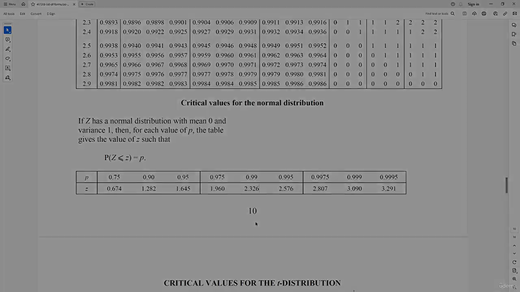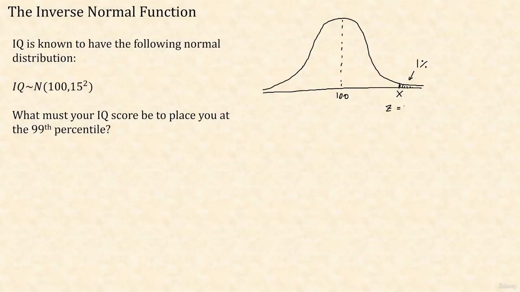Very easy to look up. So Z is 2.326, and now we can just solve our standardizing formula to find what that X value was, because it's X minus the mean divided by the standard deviation.